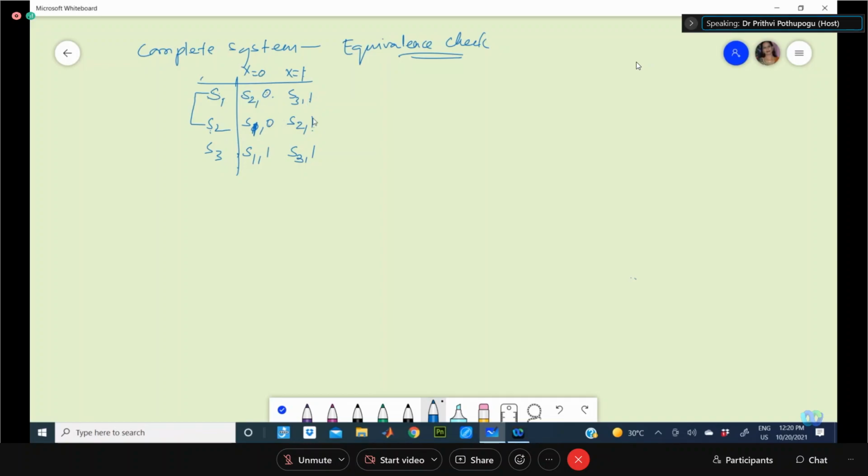But if you take S1 and S3, for X is 1 the output is not conflicting, but for X is 0 the output is conflicting. They are two complement values. The same way for S2 and S3, the outputs are conflicting for X is 0, but similar for X is 1. That means that S1 and S2 are equivalent.